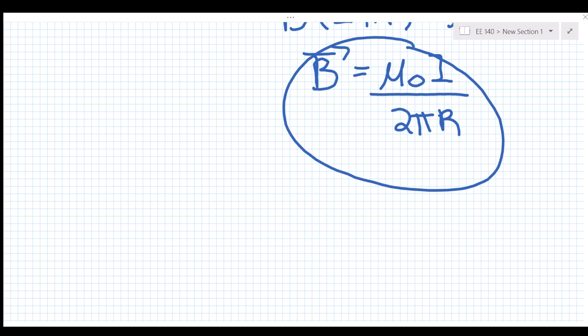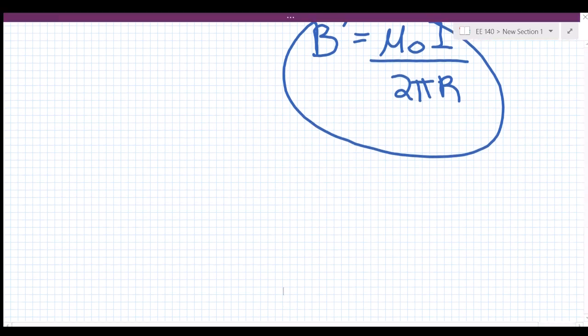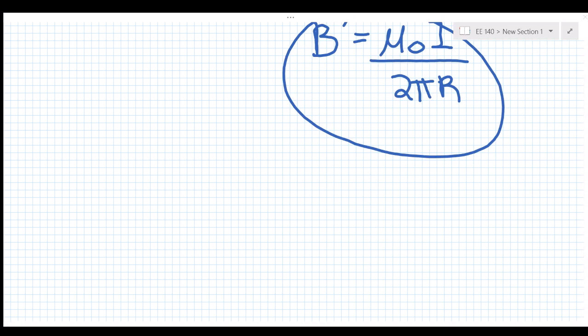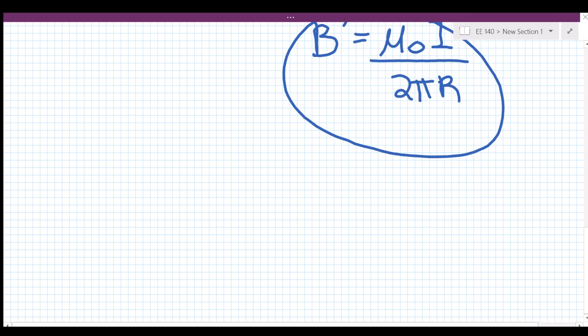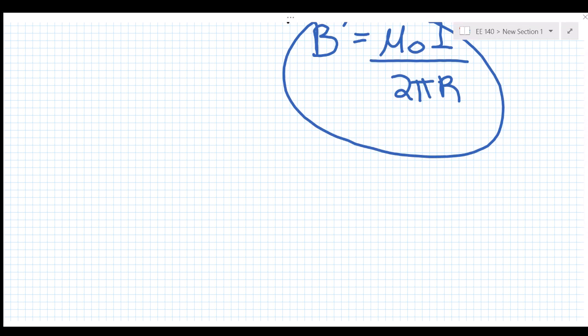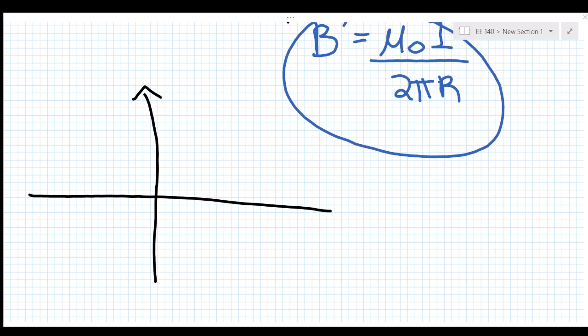Now that we have calculated the magnetic field of an infinite line, we're going to apply this to our problem with the sheet. So I'm going to draw that out. We have our axis, and then we have the semicircle sheet.